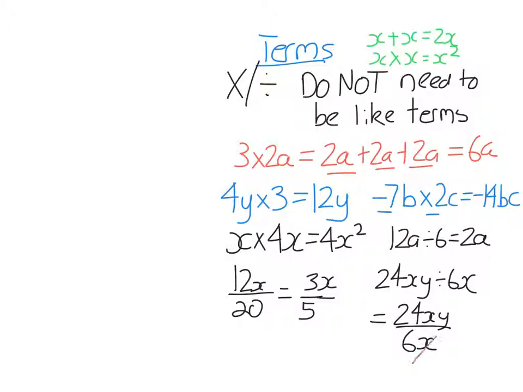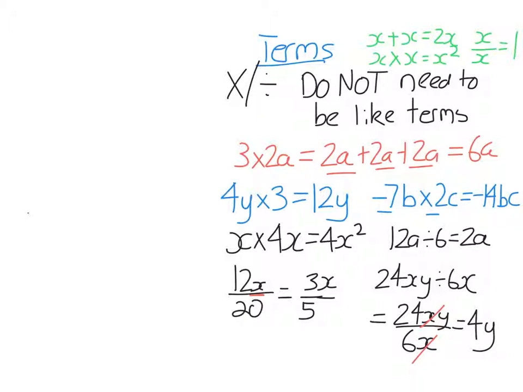So x and x cancel out because they're on the top and the bottom. On the previous example here, there was only an x on the top. That's why I didn't cancel it out. So we know that x times x is x squared, but x divided by x, assuming x isn't 0, is just 1. So the answer here would be 24 divided by 6 is 4, and I still have a y there. Okay, once again, please pause and copy down if you need.